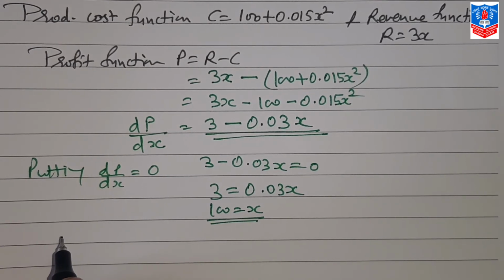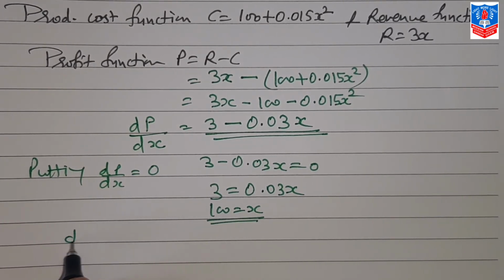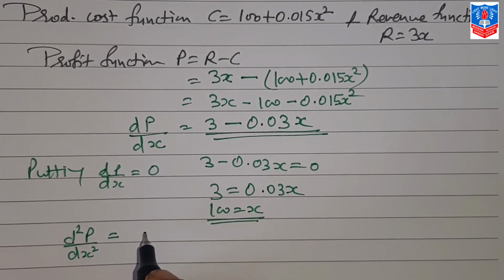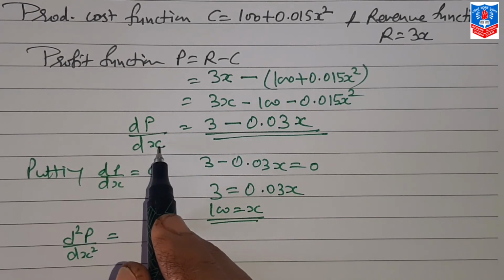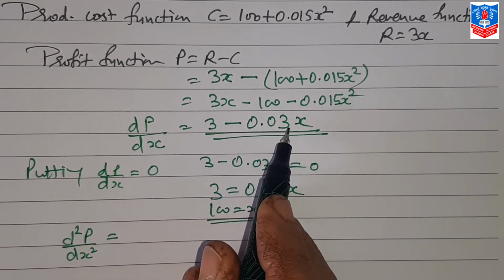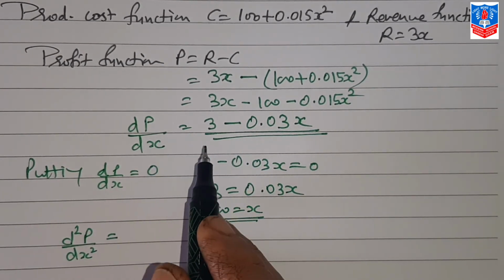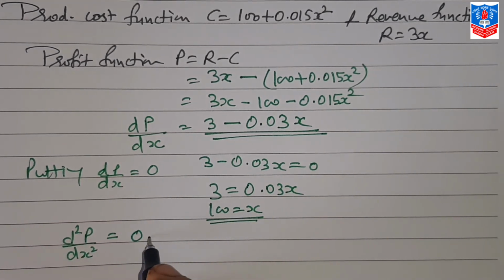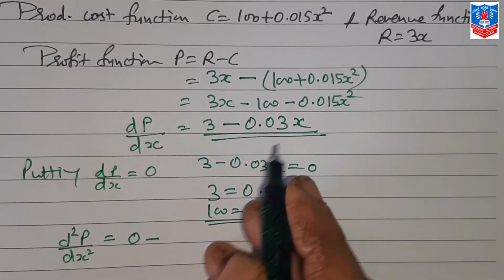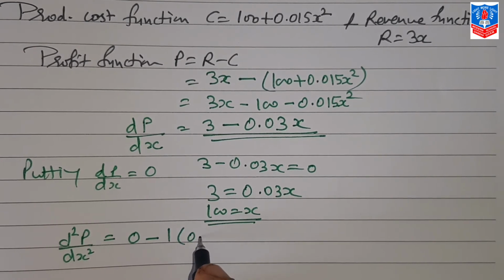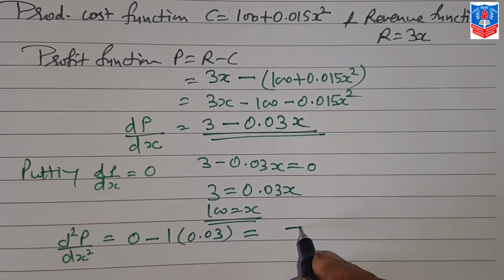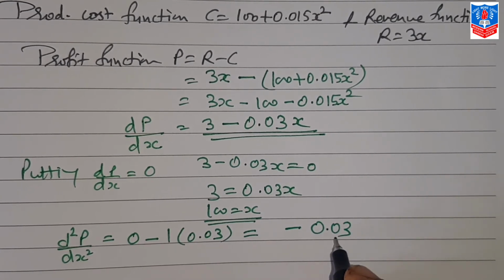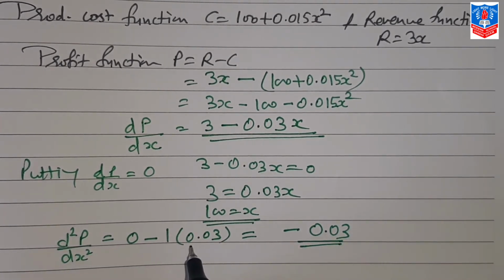Now our second condition, d square p upon dx square, we find. So that will be, see, dp upon dx is 3 minus 0.03x. This 3 will be 0 only, minus this x, 1 into 0.03. So this will be minus 0.03.